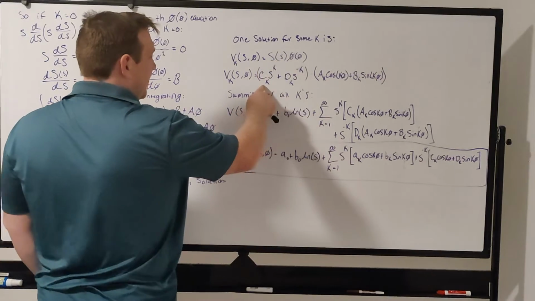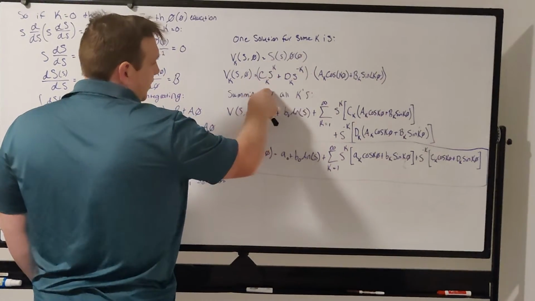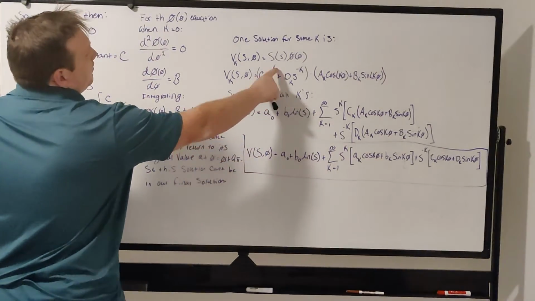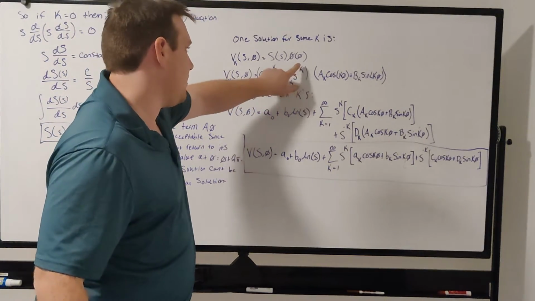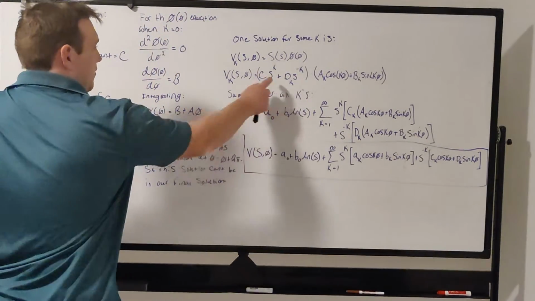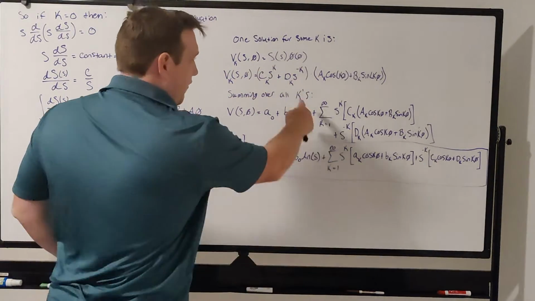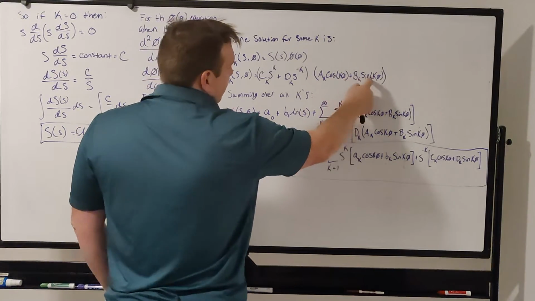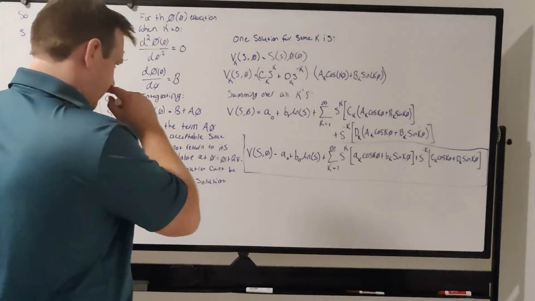We know s is of this form, c sub k, which is a constant that depends on what k is, times s to the k plus d sub k, which is another constant, times s to the minus k. That was what we found before for s. And we multiplied by phi, which we found was a sub k times cosine k phi plus b sub k times sine k phi. Just multiplying the two solutions we found.